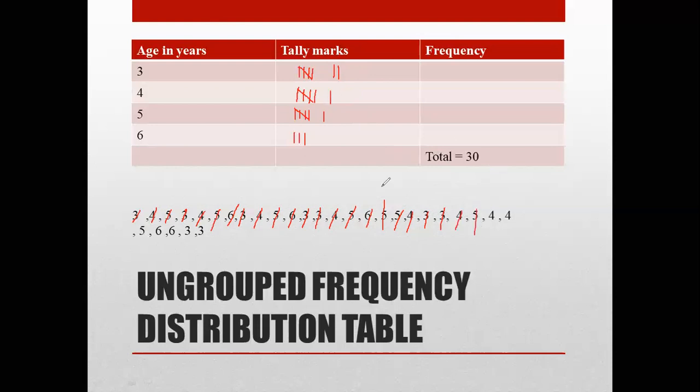Strike 5, put one tally mark for 5. Strike 4, put one tally mark for 4. Strike 4 and put one tally mark for 4. Strike 5 and put one tally mark for 5. Strike 6, put one tally mark for 6.